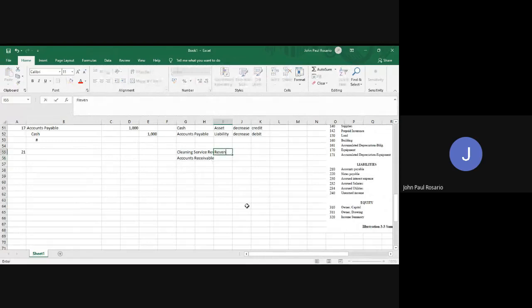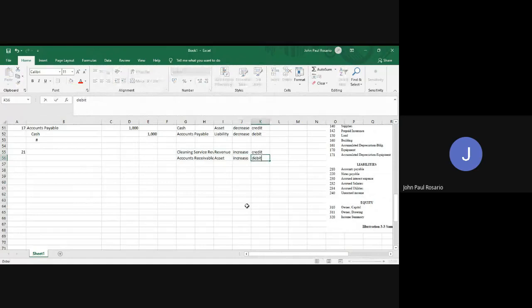And then, so nag-increase ba? Yes, nag-increase. So, increase in revenue is credit. And then, accounts receivable, nadungagan ba imuhang dawatunon? Ay, receivable is asset sa una. Asset. So, imo siyang dawatunon, asset. So, nadungagan ba imong receivable? Yes. So, increase in asset is debit.